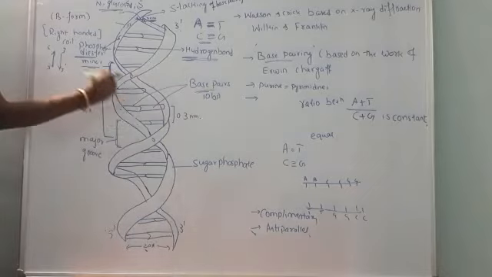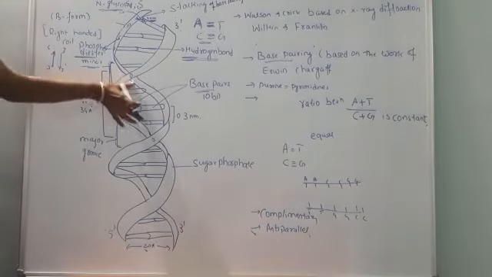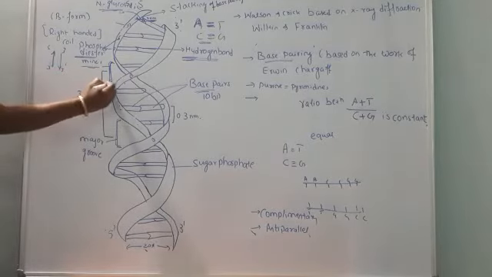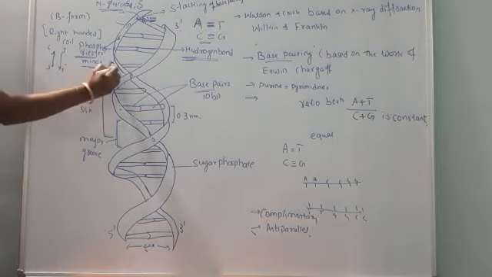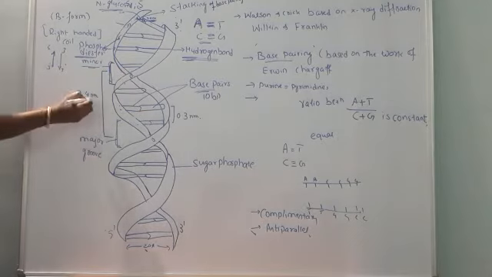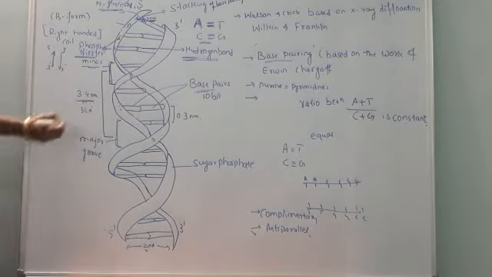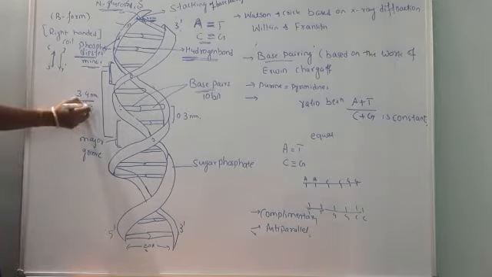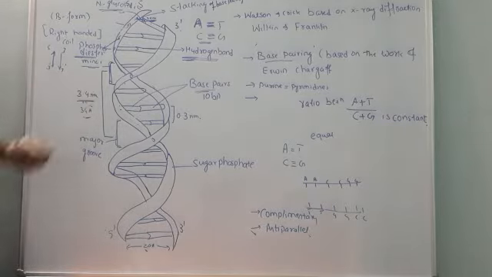About 10 base pairs are accommodated in one turn. If you measure one turn or one pitch from here to here, it measures about 3.4 nanometer, or 34 angstrom. But in the NCERT reader, there is no angstrom, it is given in nanometer, so we have to consider nanometer only.